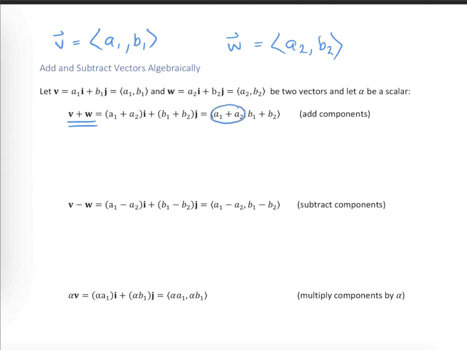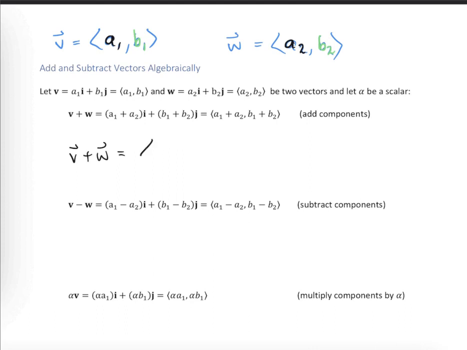So we would add the horizontal components together to get the overall distance that we traveled in the direction of x, and then we would add the vertical components together to get the overall distance that we traveled in the direction of y. And when we add vectors algebraically, this is how we come up with the resultant.